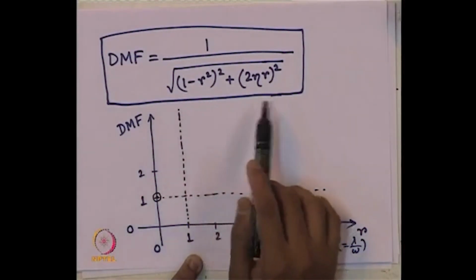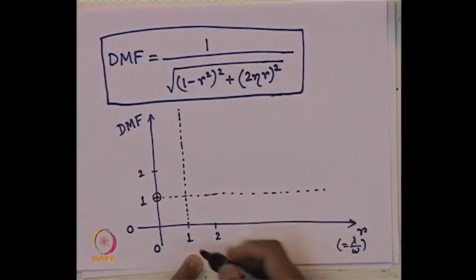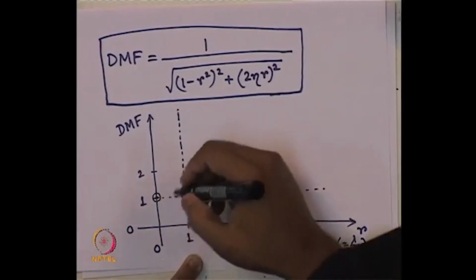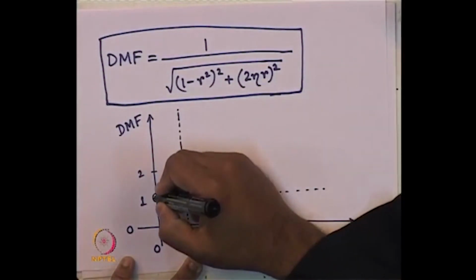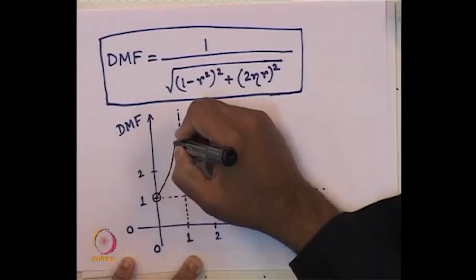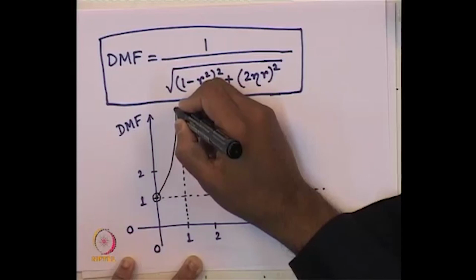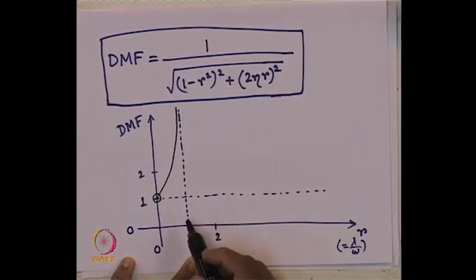So what does it become? 1 by 0 means infinity. So, at r equals 1, it goes to infinity. How should the variation be? Variation should be something like this. Close to r equals 1, it will be tangential to this line, it goes to infinity.